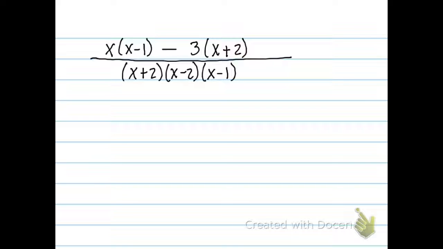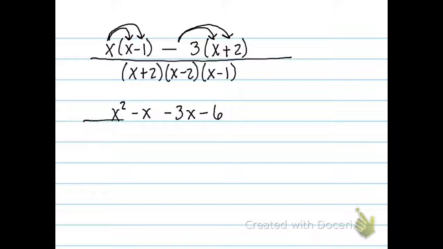So in the first part, x times x is going to be x squared, and then minus x times 1 is simply x. So we're going to have x squared minus x. And now distribute negative 3. So negative 3 times x is negative 3x. And then negative 3 times 2 is negative 6. So minus 3x minus 6.